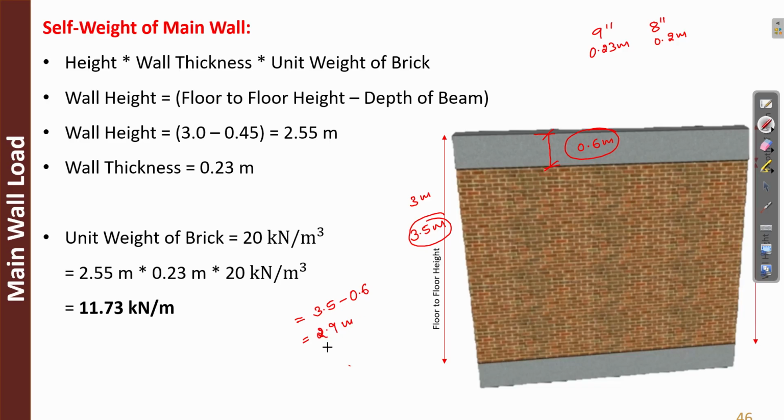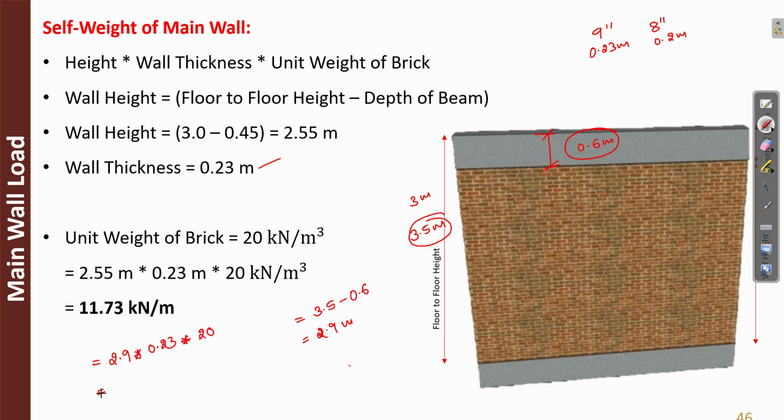Your wall thickness is 0.23. Assume you are using a 9-inch wall. So then your wall load is 2.9 multiplied by 0.23 multiplied by 20.